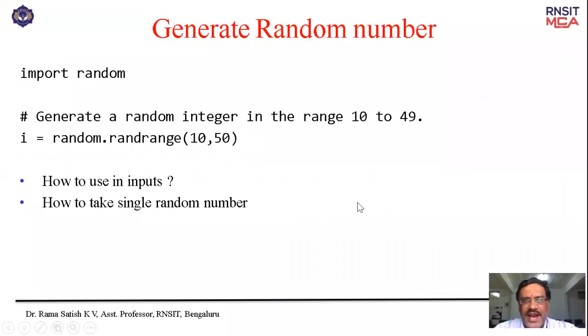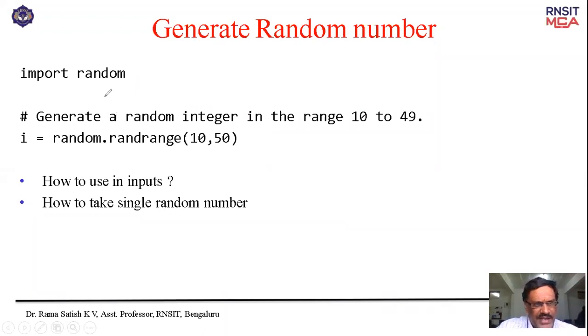Random number generation. This is most common. I think your first program, and also your scenario based assessment program, talk about random number generation. In C you have used almost 8 to 10 lines, but in Python only 2 lines.